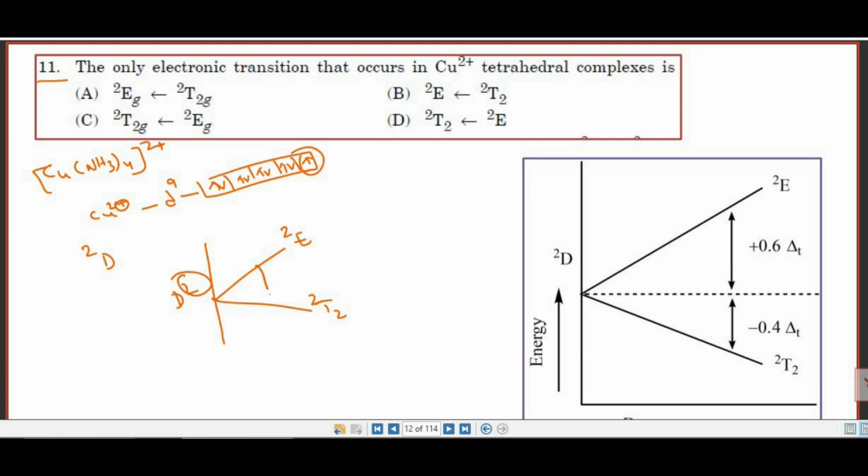So the electronic absorption band occurs from 2T2 to 2E. Here option B is correct: 2T2 to 2E.